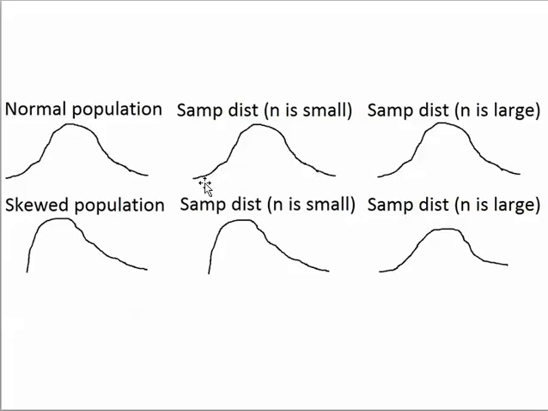And I wanted to mention something that tends to cause confusion when people first learn about the idea of a sampling distribution. When students think about the idea of a sampling distribution, they tend to think of it as the distribution of the people inside of a sample.